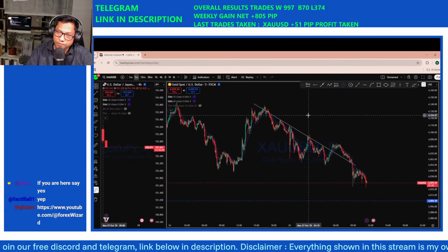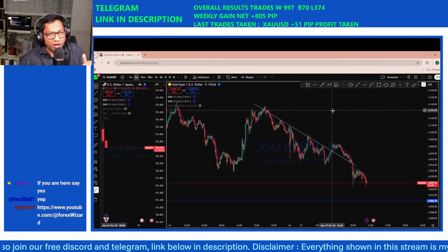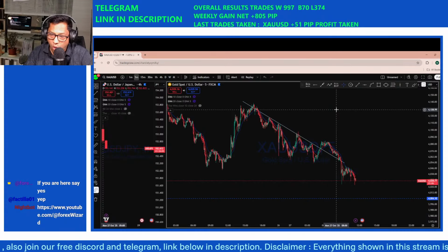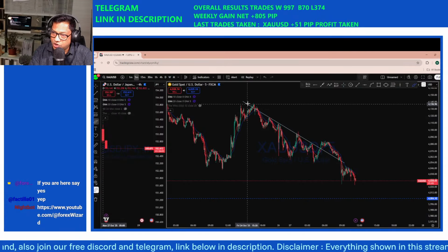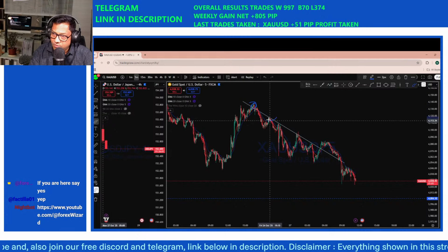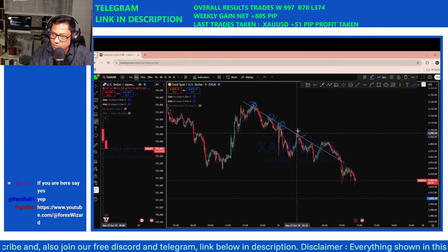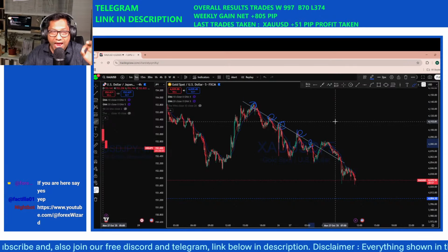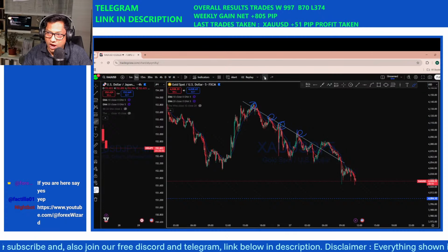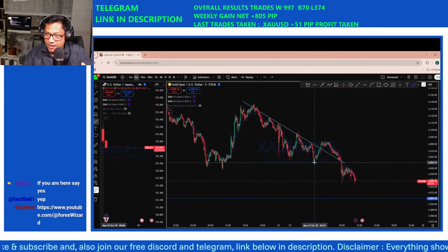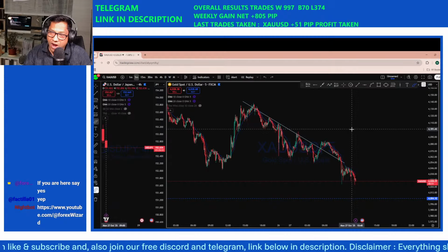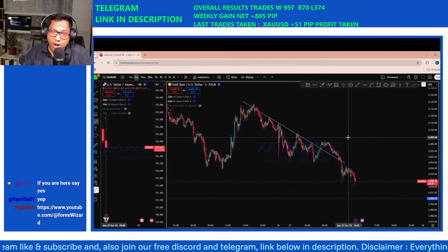So the first consideration we took in this trade is that series of lower highs. If you look here, when that series of lower highs has been broken above, the market has broken out of the trend line.